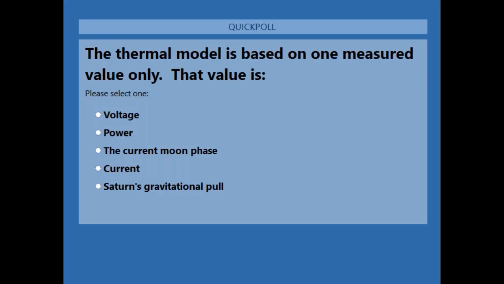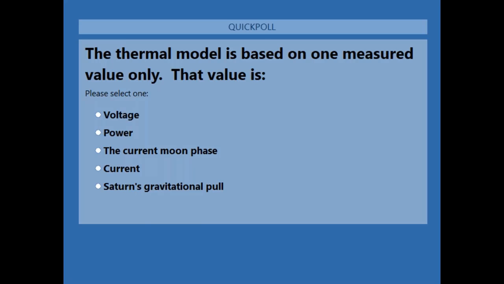What I'm trying to allude to here is that the thermal model, as advanced as it is, is a one-dimensional means of protection. It only looks at one aspect of the power flowing into the motor.